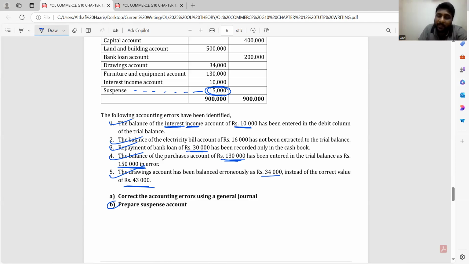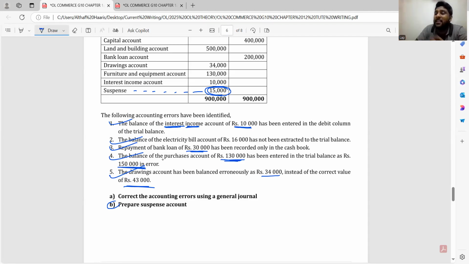Then you tell me, is the mistake done inside the purchase account or to the trial balance? Where have you done the mistake? In the purchase account or in the trial balance? Got it, no? So if the purchase account is not wrong, we can't go and do an adjustment for the purchase account. The purchase account is correct.